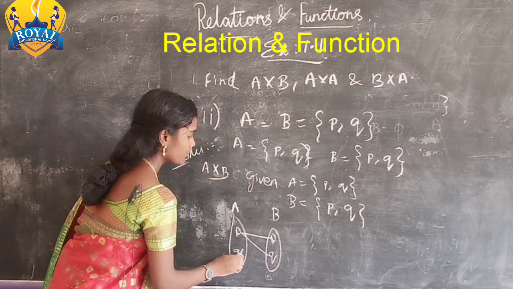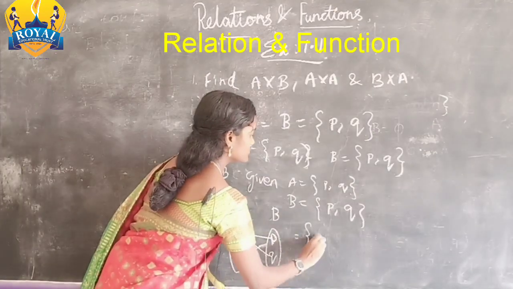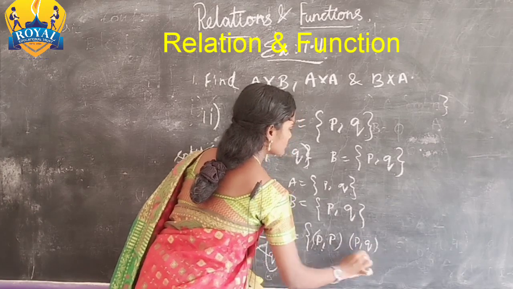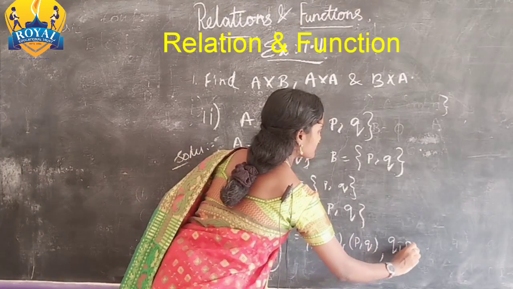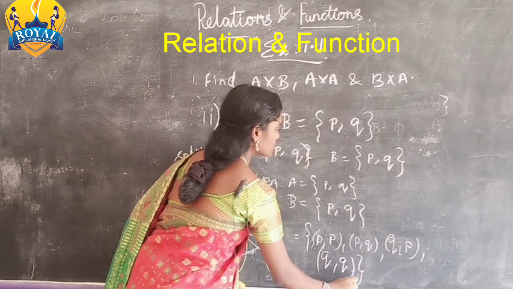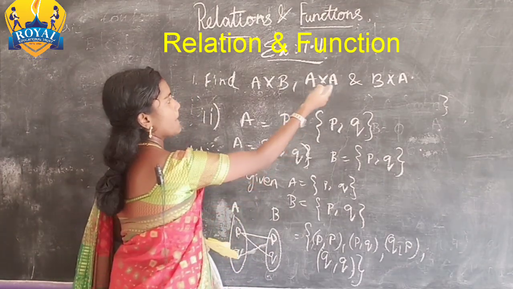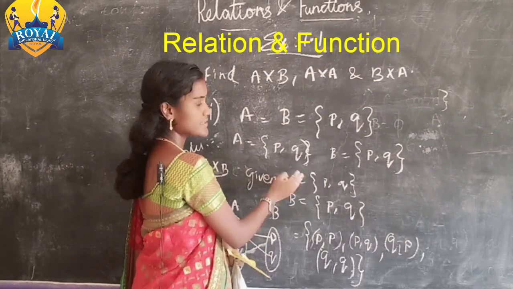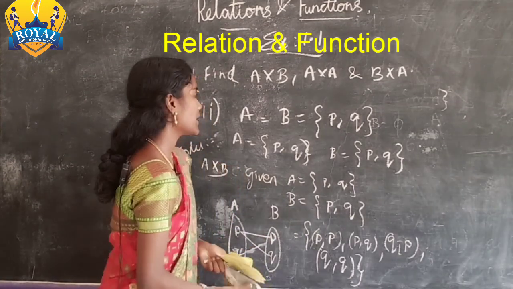So I will make the pairs: (P, P), (P, Q), (Q, P) and (Q, Q). The same thing you have to write for B cross A, where you change the place: B is equal to {P, Q} and A is equal to {P, Q}.